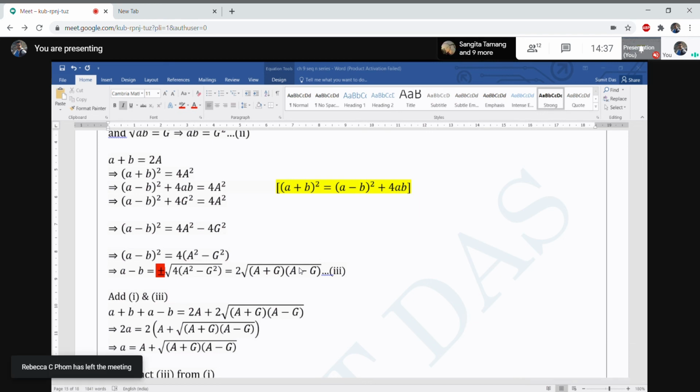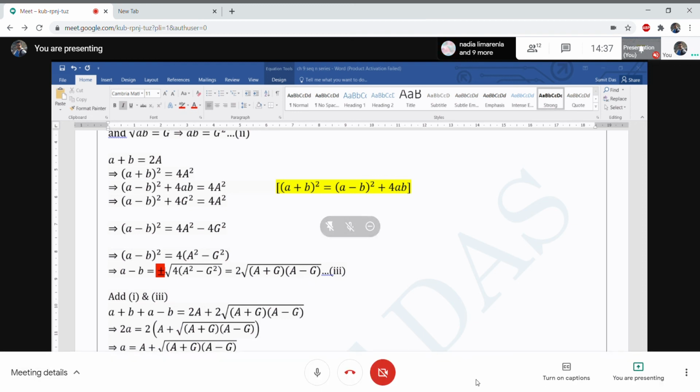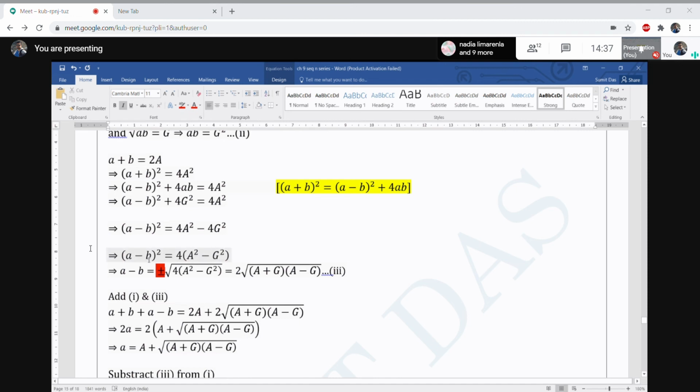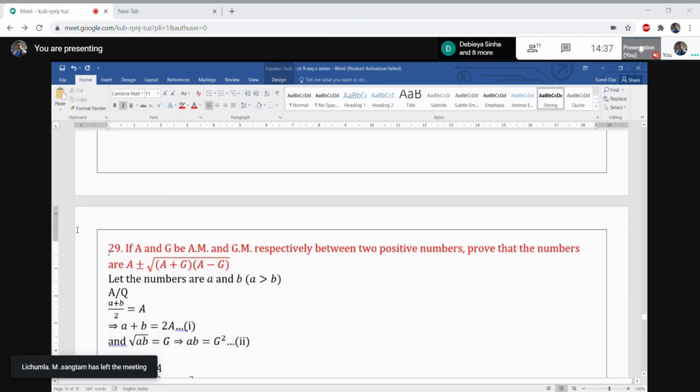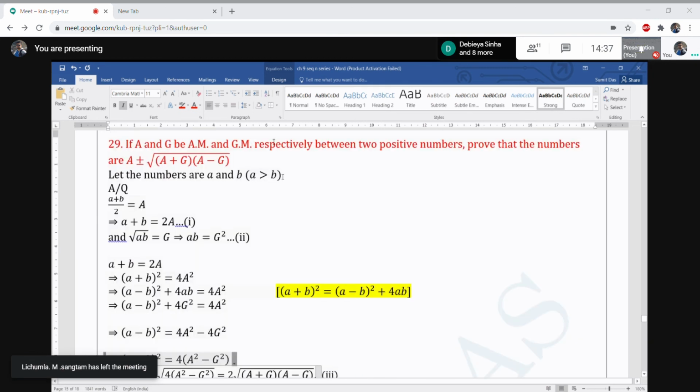Okay, still no response. Because why I'm taking a minus b equal to plus? Because I already took here a greater than b. That means a minus b always positive.